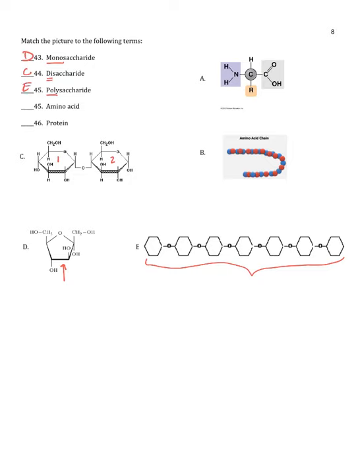Number 45 is looking for an amino acid. Amino acids always have this amine group and this acid group, and then they have a place for a unique R group to go. So that's what an amino acid looks like. So that's letter A. And if you have many amino acids stuck together, then you get a protein. So here's a chain of amino acids, and that's letter B.